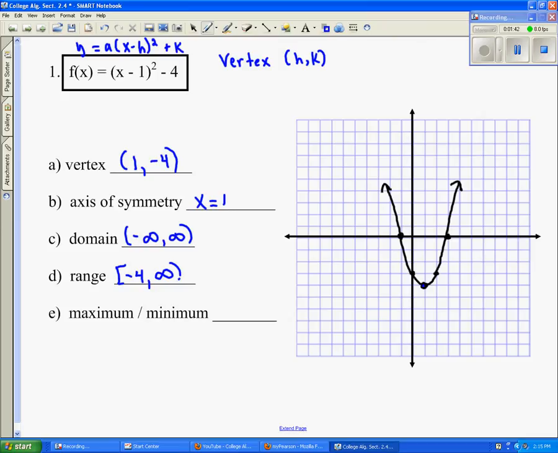This is a minimum, and it's a minimum of negative 4 at the x value of 1.